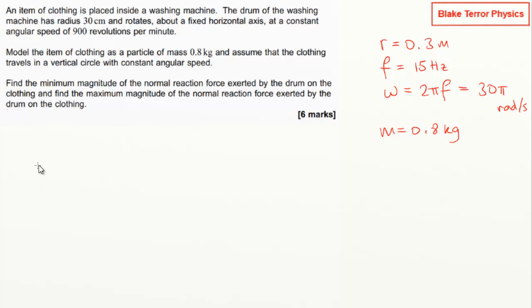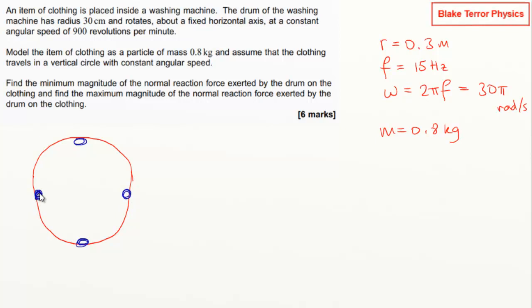Right, so let's think about what's actually happening inside this drum. As the washing machine's going round, it's meant to be a circle, but it's close enough. Let's think about what's happening at extreme points in terms of the motion. Let's put the clothing at the top, at the bottom, and at either of the sides.